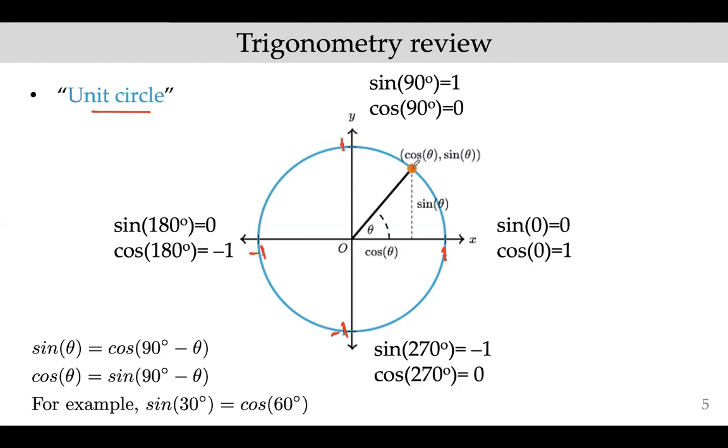Choose any point on the circle, and its components will give you, the x component will be cosine theta, and the y component will be sine theta. Why so? Because if this is an angle theta, now think about this triangle.